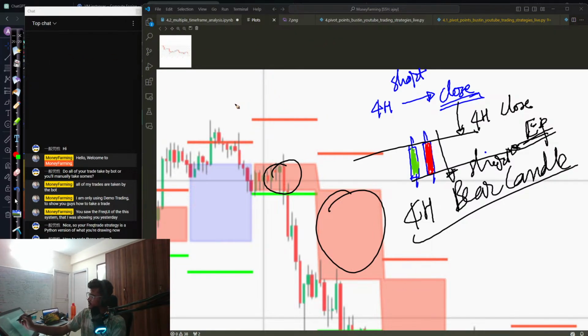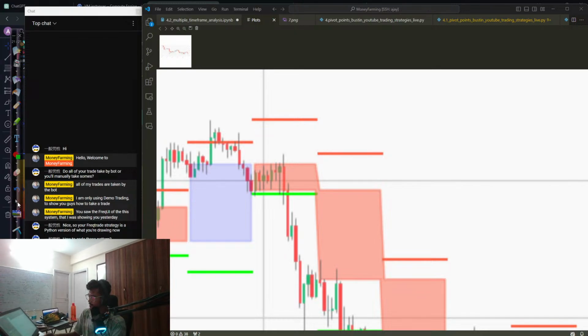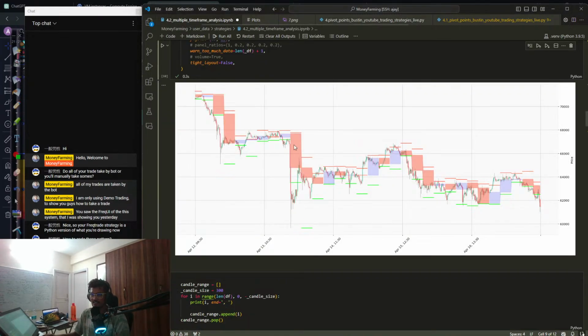What strategy are we going to call this? Multiple time frame analysis. Okay, let's do it. This is why I was talking about that, once you do this, you don't really have to optimize things.